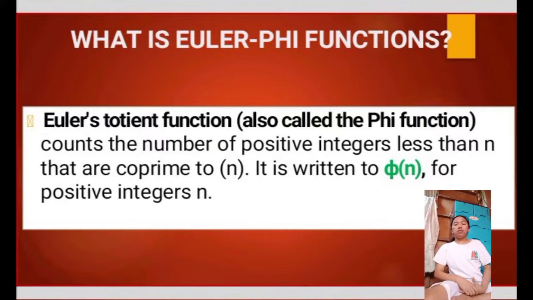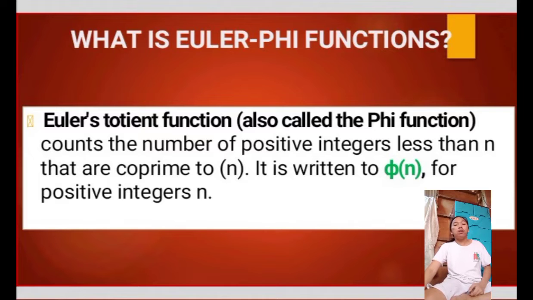So what is the Euler-phi function? The Euler-phi function, or Euler's totient function, was already discussed earlier, and we will just recall it. The Euler-phi function is a function that counts the number of positive integers less than n that are coprime to n.